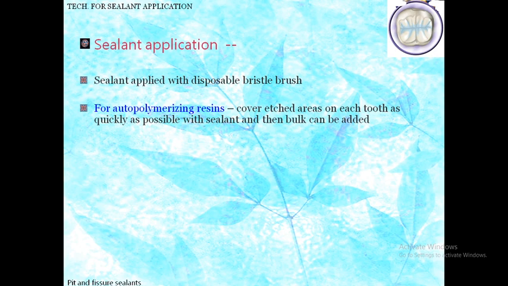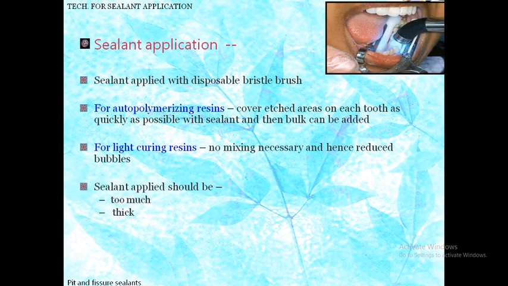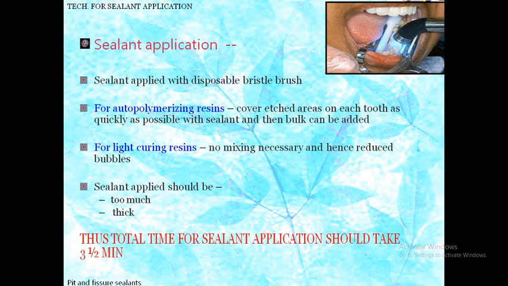Sealant should be applied with a disposable bristle brush with the help of a polarizing agent, and it should be cured with a light cure. It should not be applied too thick.